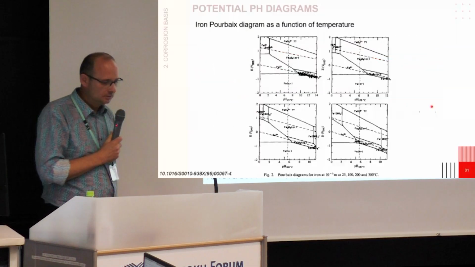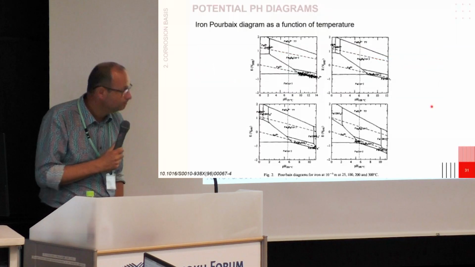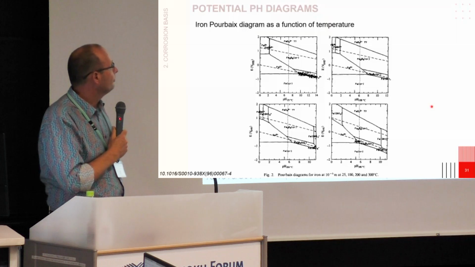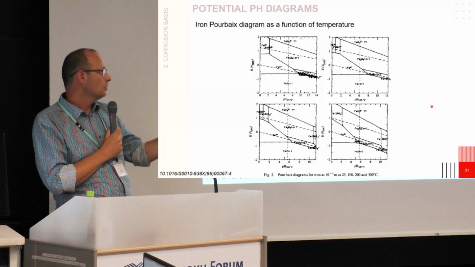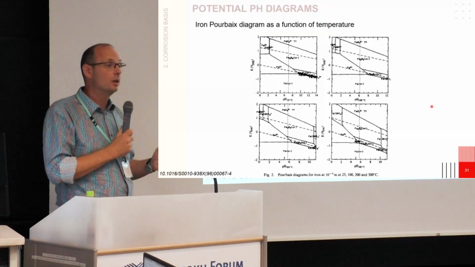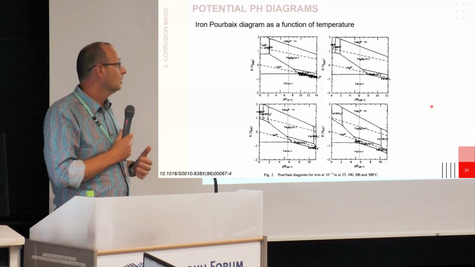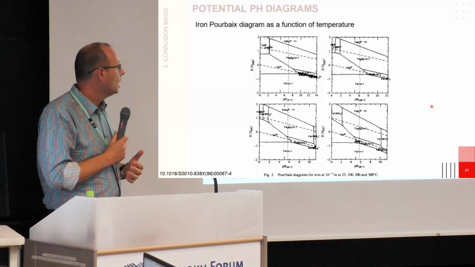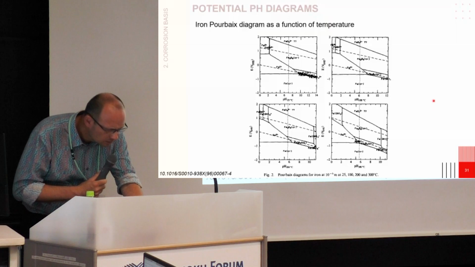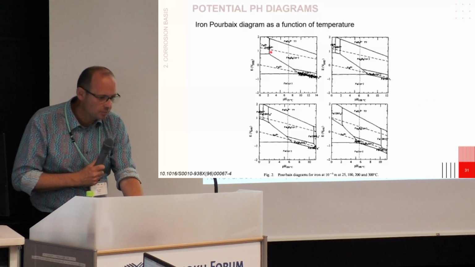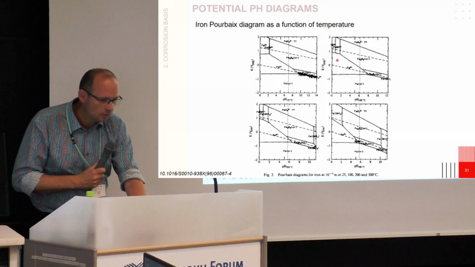Okay, sorry. So we just saw that concentration plays a role, but also temperature. If I produce the same graphs while changing the temperature, I will have different boundaries. Let's look at this boundary, for example, and compare it to this boundary.